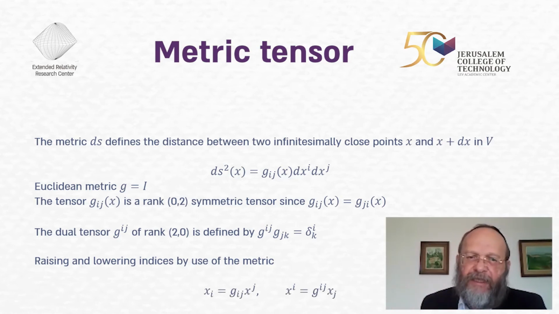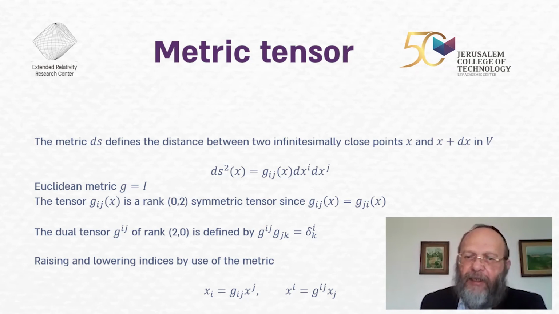So if you have a vector and we want to lower its index, we contract it with g_ij over the j index, and we get a covector. If we have a covector, by g^ij we can raise the index. So if there is a metric, we have a way to raise and lower indices.